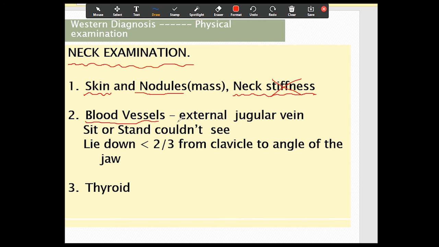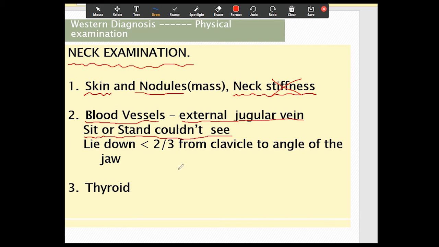We have an external jugular vein in the neck area, but normally when people are sitting or standing, we can't see it.